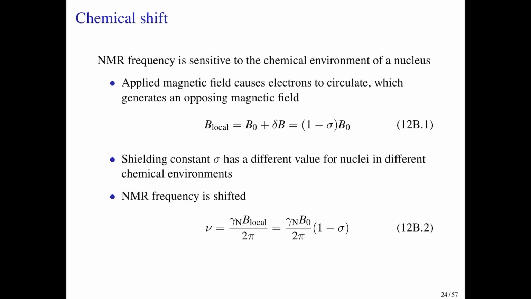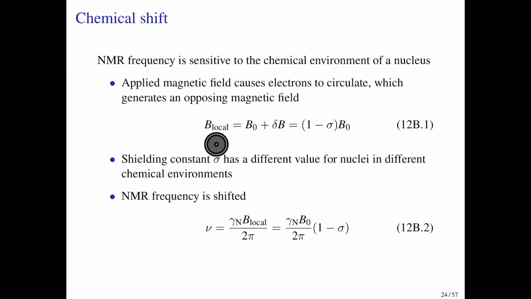So the circulating electrons in the molecule, in the presence of the magnetic field, create an opposing magnetic field, such that at different nuclei, the external magnetic field will be modulated by this opposing magnetic field that depends upon the electron density in the region of the nuclei. We say that this gives rise to a shielding of the nucleus from the magnetic field, represented by this parameter sigma called the shielding constant.